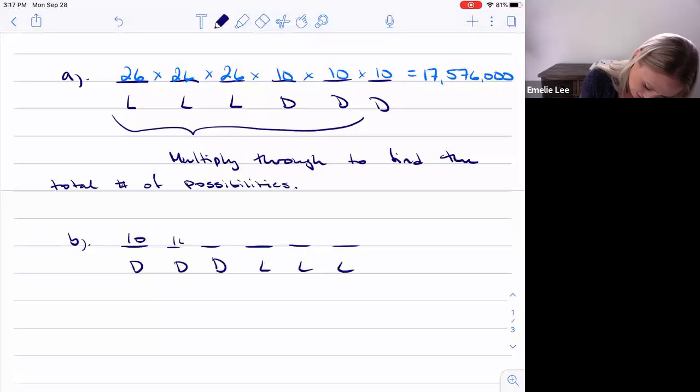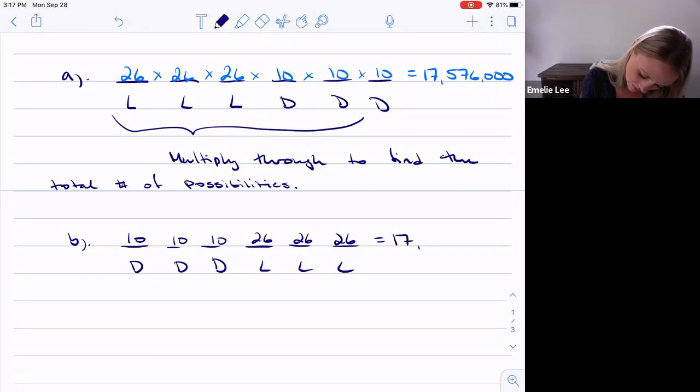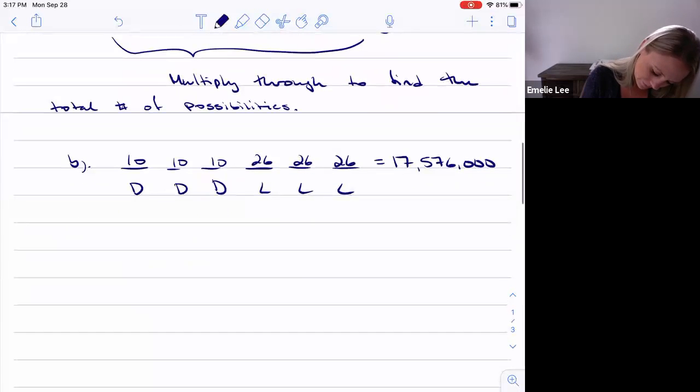So I've got 10, 10, 10, 26, 26, 26. If I multiply these across, I get 17,576,000. This is the same as A.